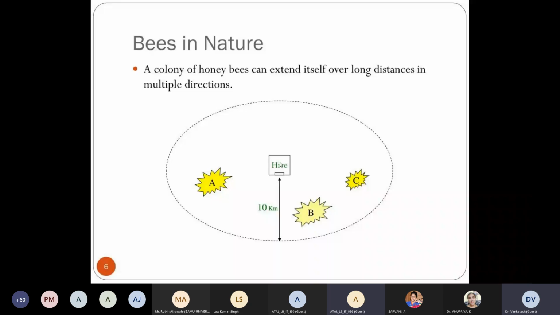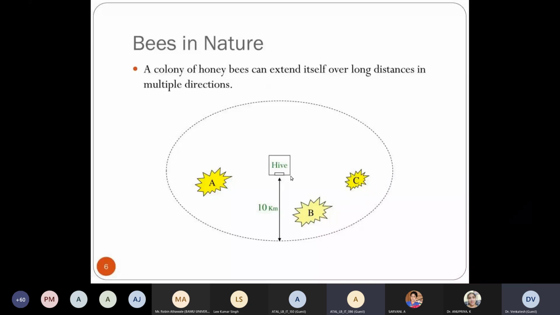Suppose there is a hive here, and the bees can go up to a 10-kilometer radius. So ultimately, the aim is to find a food source where there is a lot of nectar, I cannot say honey directly, there might be some amount of nectar associated with each of the food sources. So let us assume that there are multiple food sources available in the vicinity.